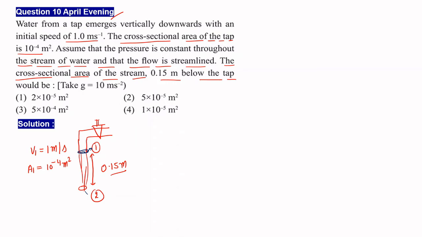First you have to use the continuity equation. From the continuity equation you have to find out the velocity. Let me write down the continuity equation: A1 V1 is equal to A2 V2.